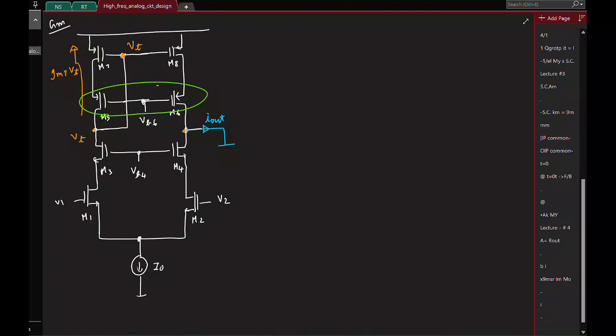If I make this connection, it is 1 by GM, right? So here, instead of taking this current directly, I put a current buffer. I don't know what the symbol for a current buffer is, but let's say this is the current buffer. Whatever current goes here comes here ideally, so there is no difference.